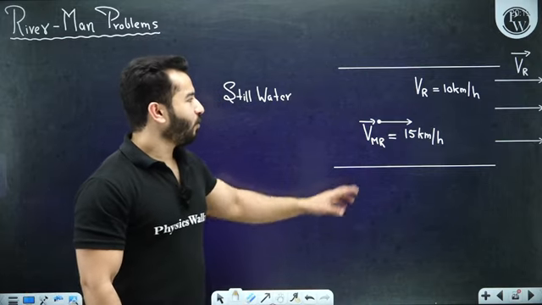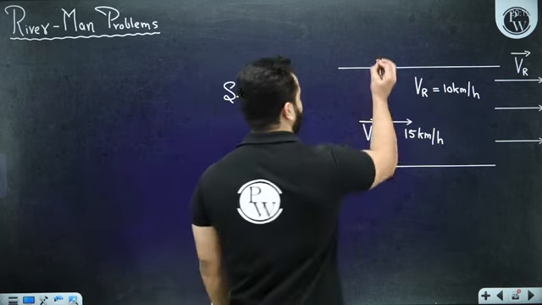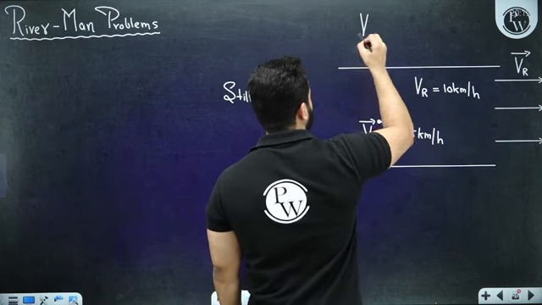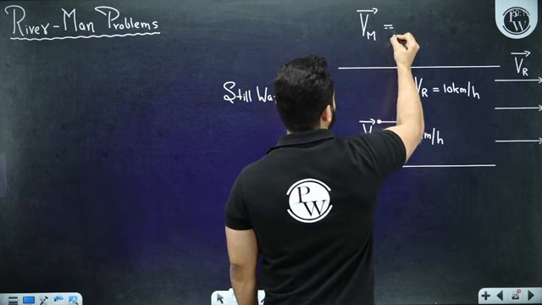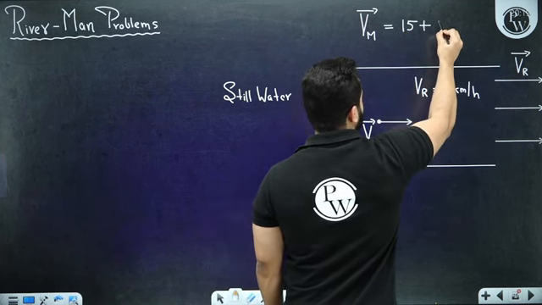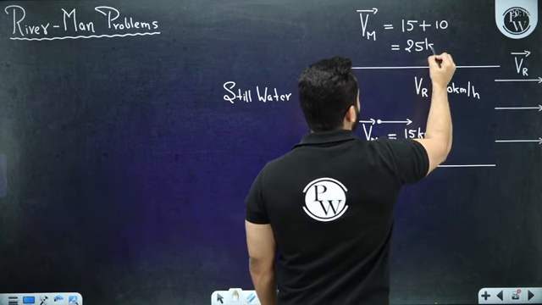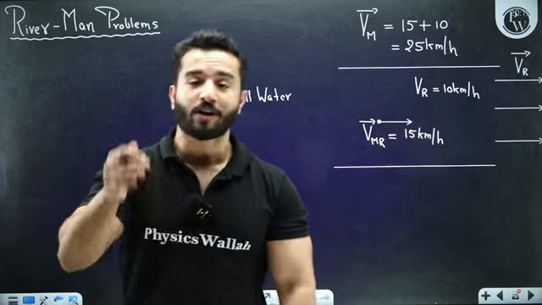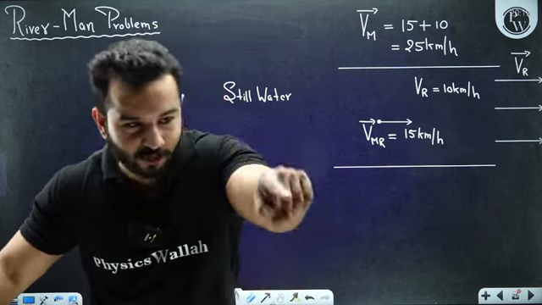And now obviously the river is also flowing at 10 kilometer per hour. So if someone is going to judge this swimmer's speed with respect to the ground, what they are going to say is that the man is moving with 15 plus 10, that is 25 kilometer per hour, because of course the person who is on the ground will also add the velocity of the river.